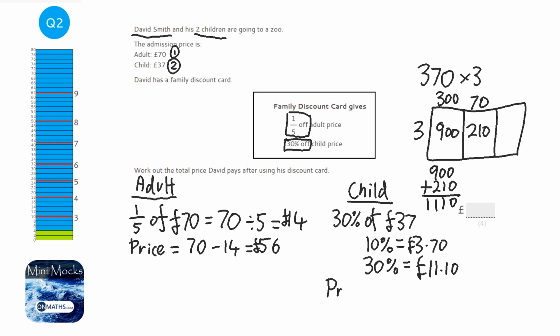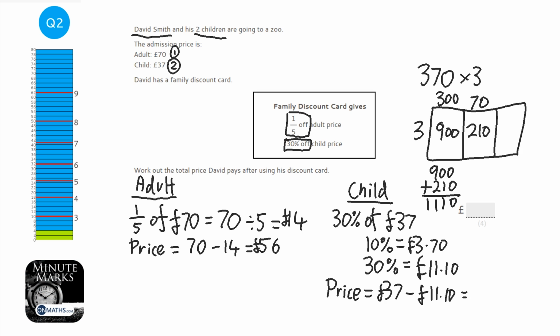And so we want to work out the price. So it's going to be £37, take away £11.10. So if you take away 10 it's 27, take away 1 is 26, take away 10 is £25.90. Now that's for one child.